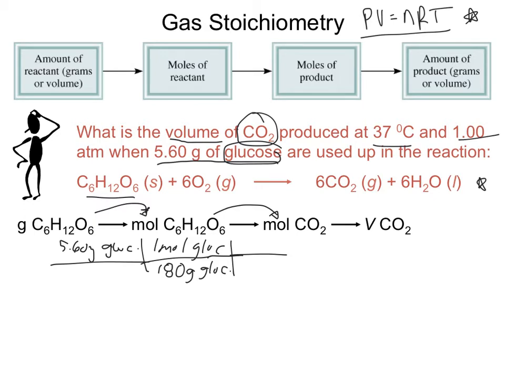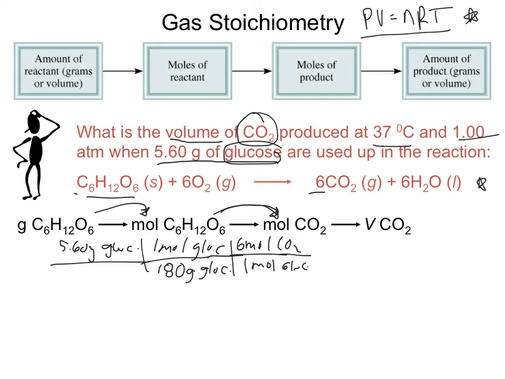So now that we're in moles of glucose, we want to go from moles of glucose into moles of CO2. So we're going to use the mole ratio. The mole ratio of CO2 to glucose is 6 moles of CO2 for every 1 mole of glucose.